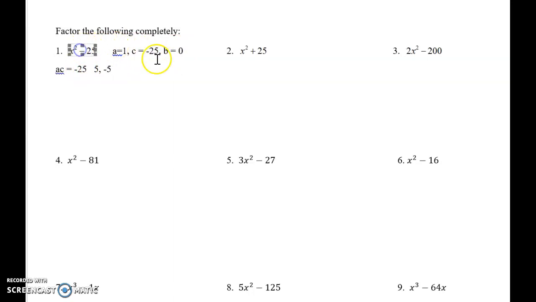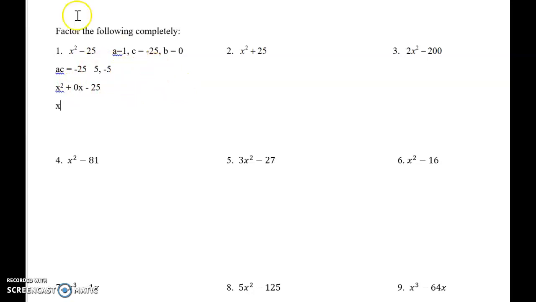If you remember when we did these in class, we put a 0 in there, so I'll do that on this next line so everybody can see it. We rewrote this as x squared plus 0x minus 25. All right, and then we're going to do exactly what we did before. We're going to replace this 0 in the middle with the two numbers that we have right here.